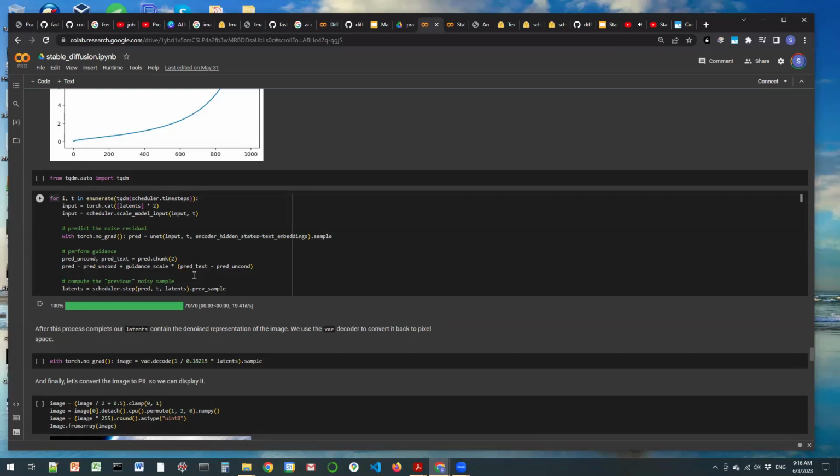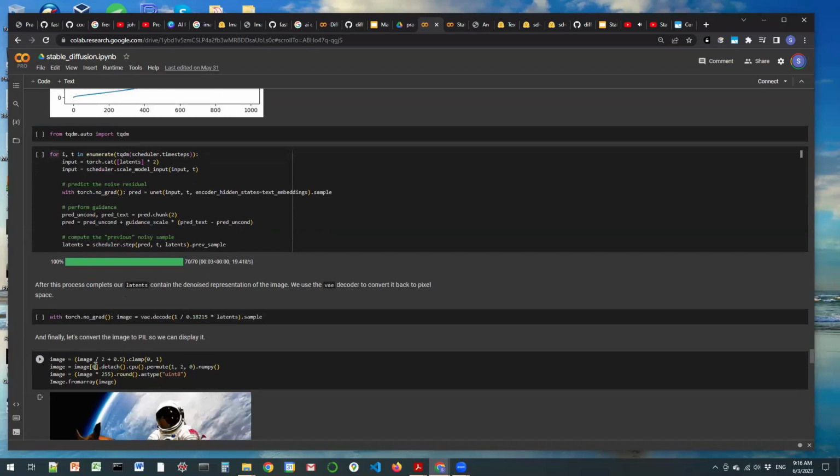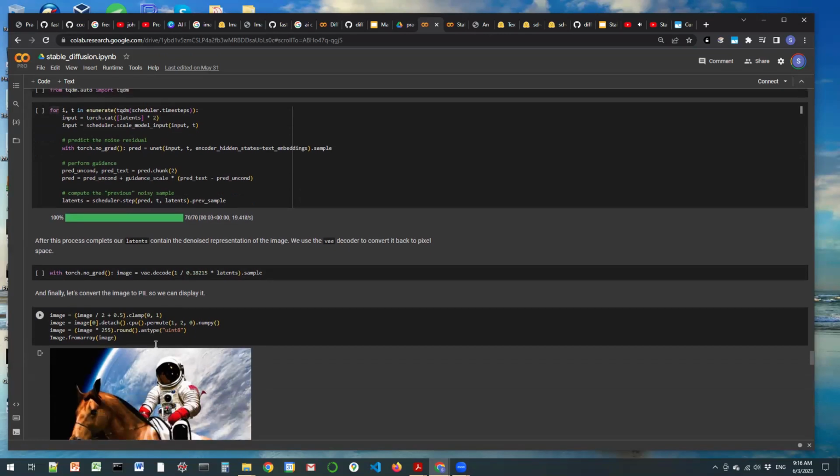After we are completely done with the latent space, we sample, scale, send it through the VAE decoder, sample, and out pops the pixel space image. We of course still have to manipulate it to get it in the desired shape.